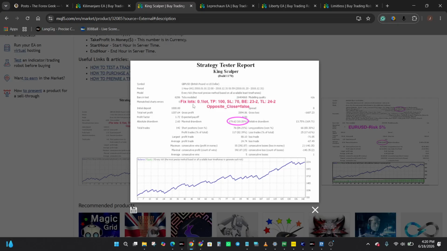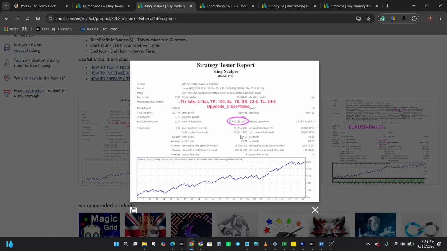First of all, the strategy tester report shown here tells us that the EA made $1,207 from a $1,000 deposit, and that was between 1st January 2018 to 31st December 2018. Total trades 142, and out of that 142, 117 were profitable.